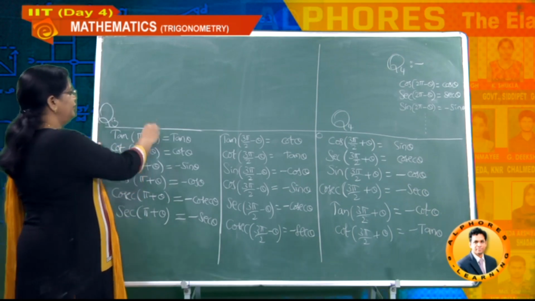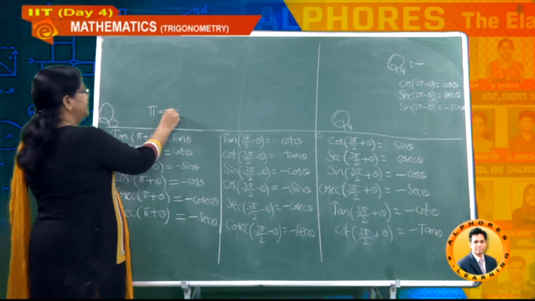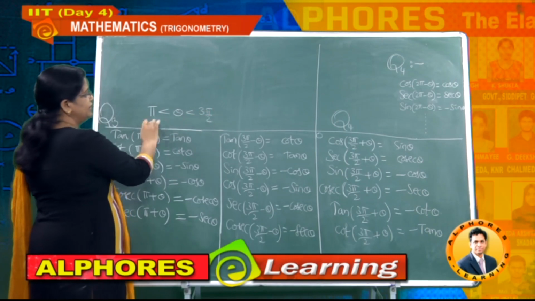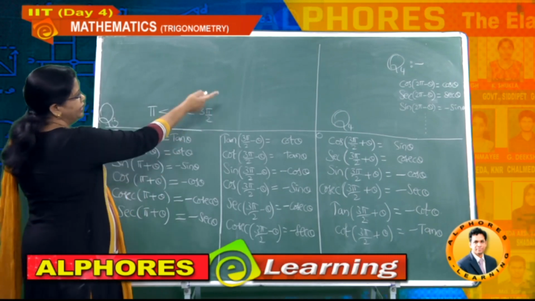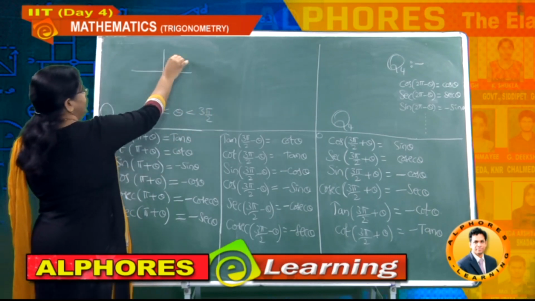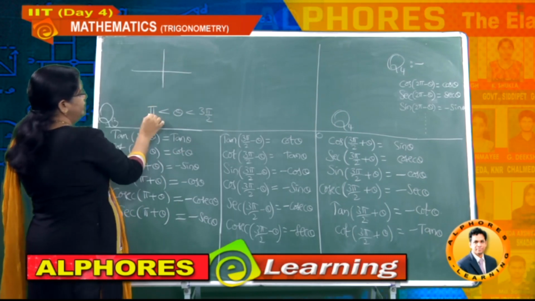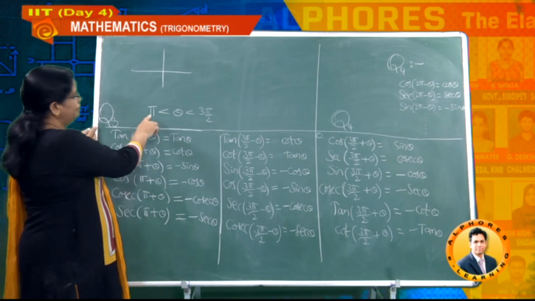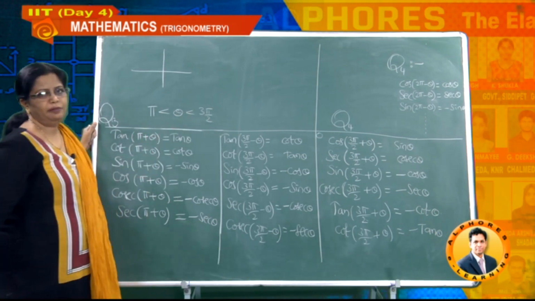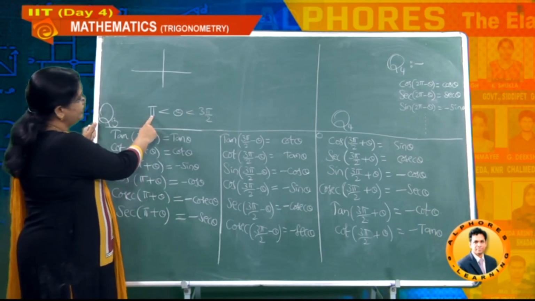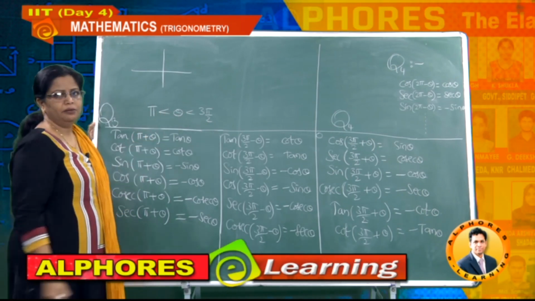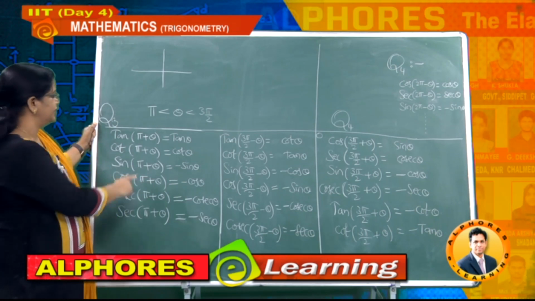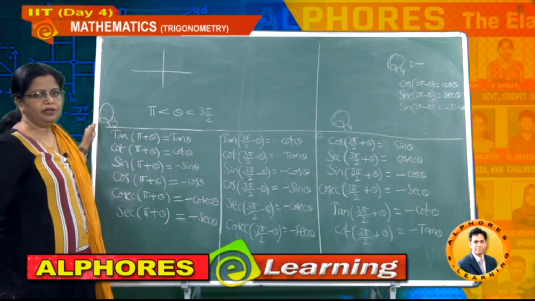These are above 180 degrees and less than 270 degrees, because we already completed 0 to 90, 90 to 180, and now we are at 180 to 270 degrees. So pi less than theta less than 3 pi by 2 implies angles are more than 180 but less than 3 pi by 2, that is 270 degrees.